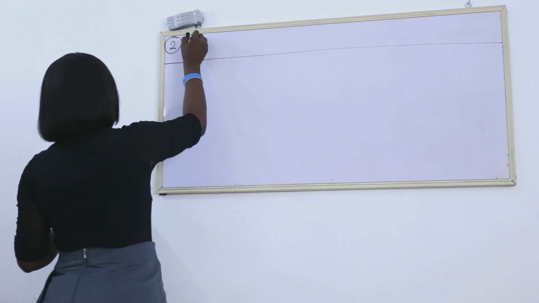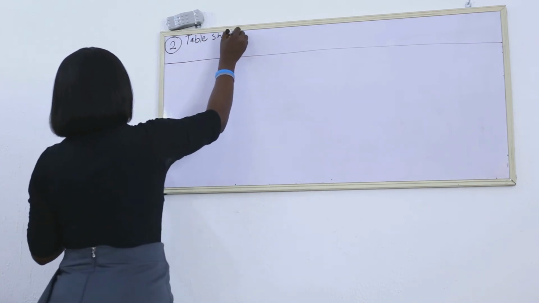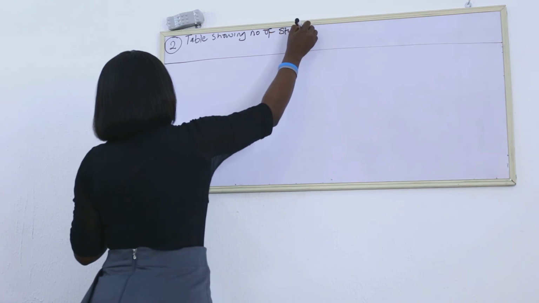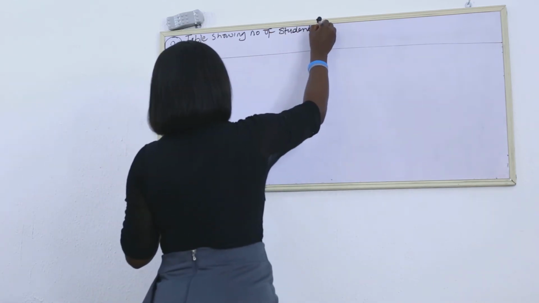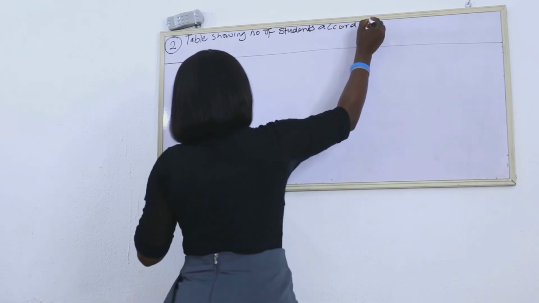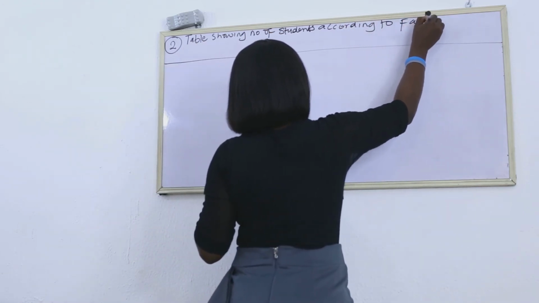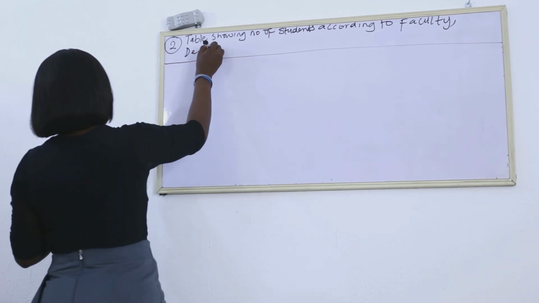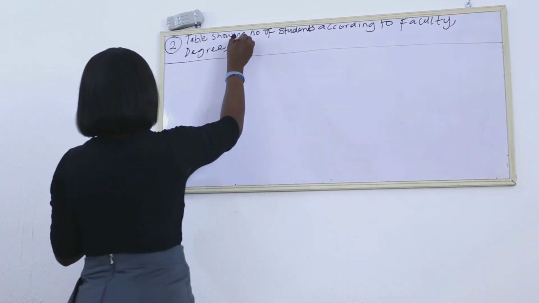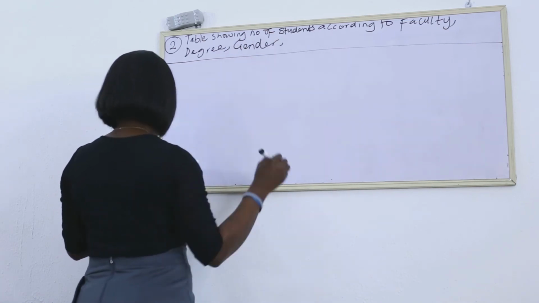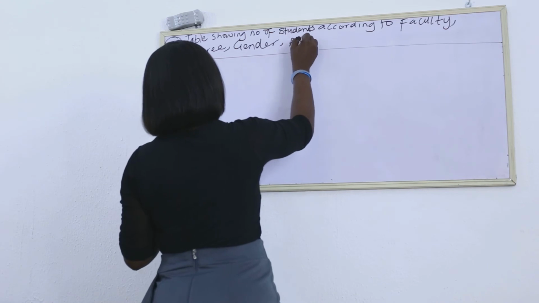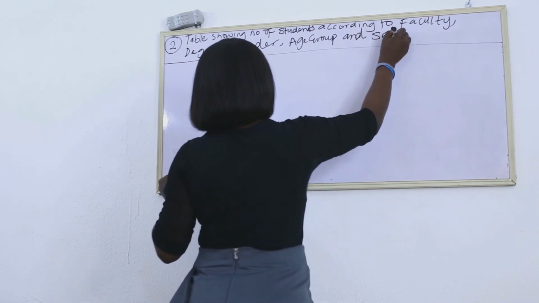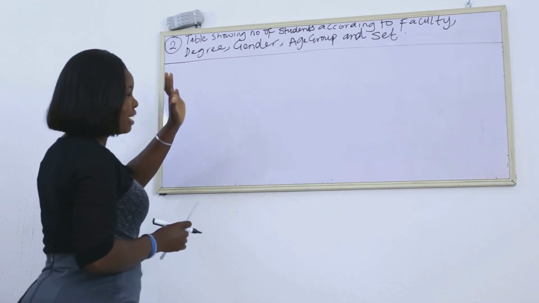This table is showing numbers of students according to their faculty, the degree and gender, age group, and finally set of students. I'm going to be representing these 5 characteristics on this table.